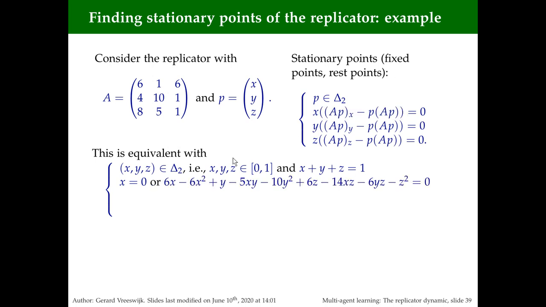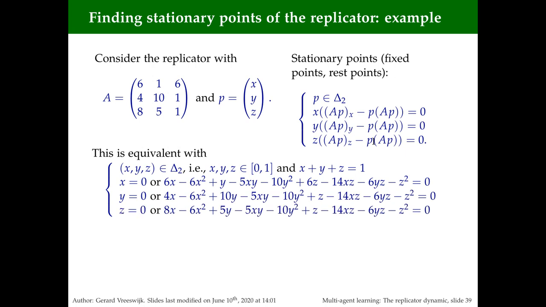So the other factor can also be 0, and this amounts to a polynomial with 3 variables. So this polynomial in itself is not easy to solve, also in combination with the other polynomials. So this is a system of equations, and of course you can't solve this by hand.